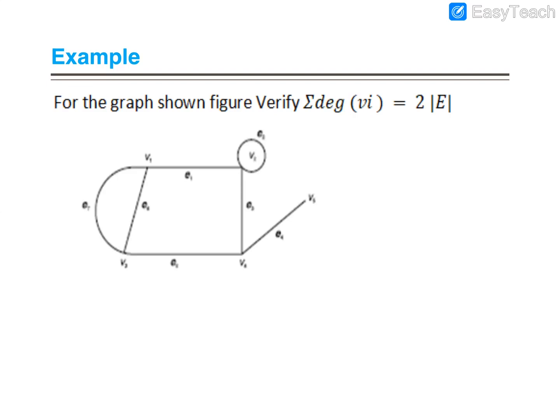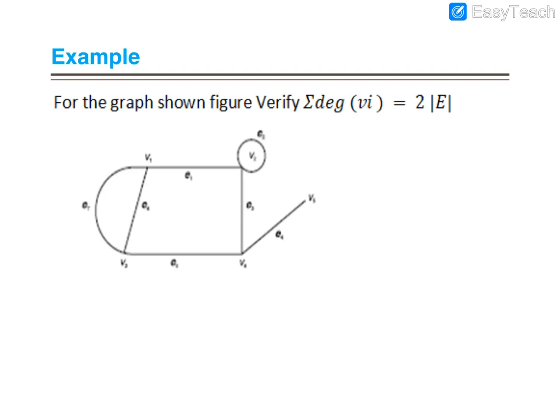Here in this example, using the given graph, we have to prove that the sum of degrees of all the vertices is equal to twice the number of edges in a graph G. So here we need to evaluate the degrees of all the vertices in the graph, and then we add all these degrees and show that the sum is twice the number of edges in graph G. So here we have total vertices V1, V2, V3, V4 and V5.